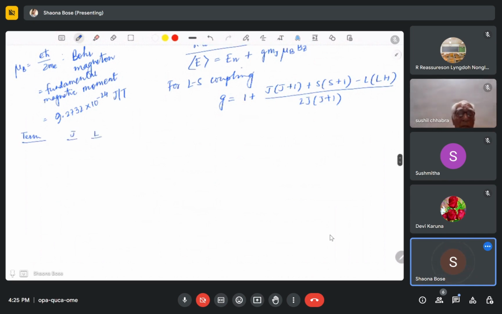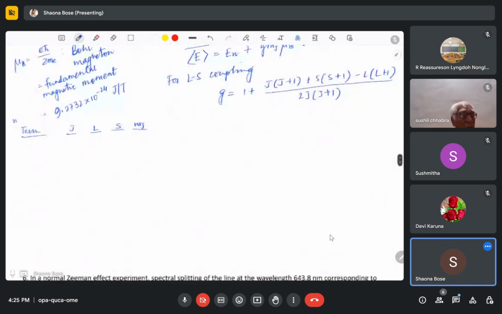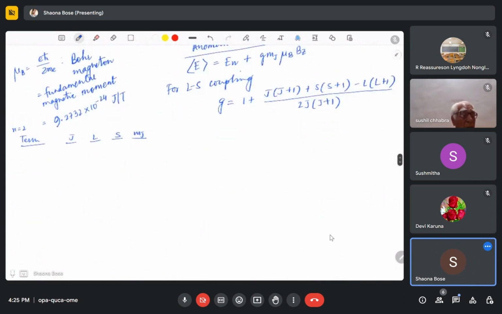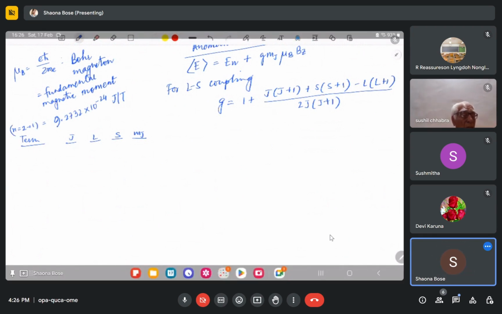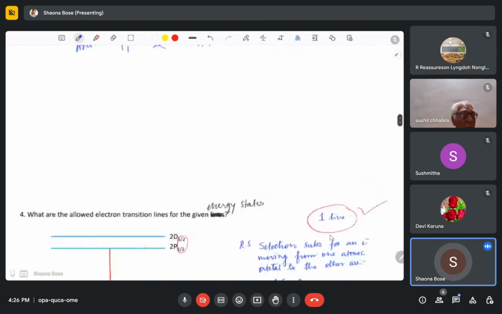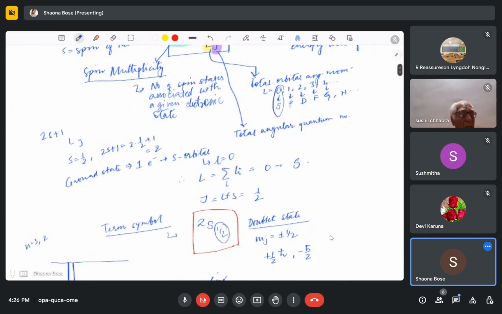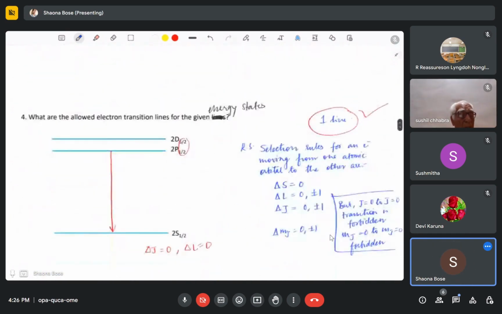Term, J, L, S and Mj. Just for a reminder, we had n is equal to 2 to n is equal to 1. So we will have a 2p3/2 term, just as we had done earlier.